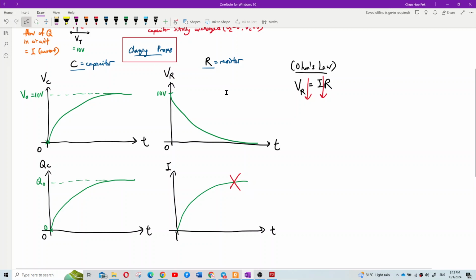Salah. Voltage across resistor semakin berkurang, that means current also semakin berkurang. That means the current drops, just like the voltage across resistor. V equal to IR. Remember the formula, V equal to IR.